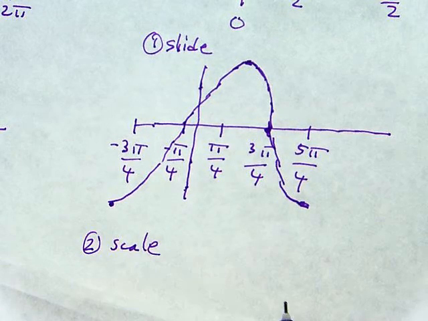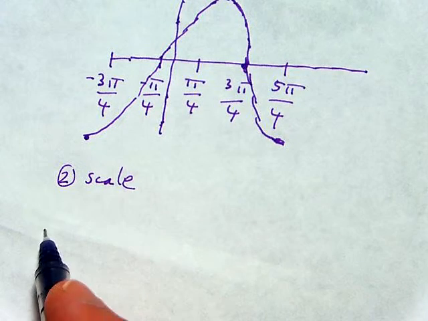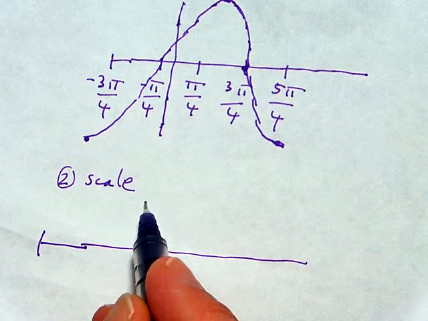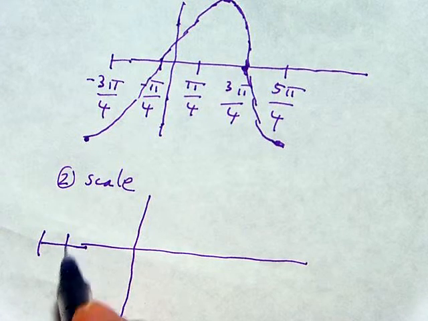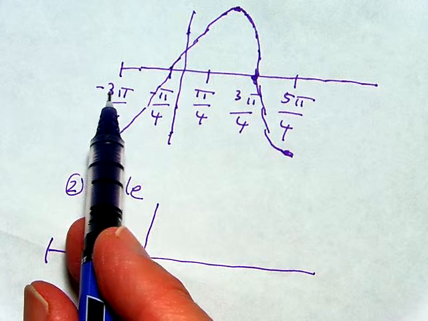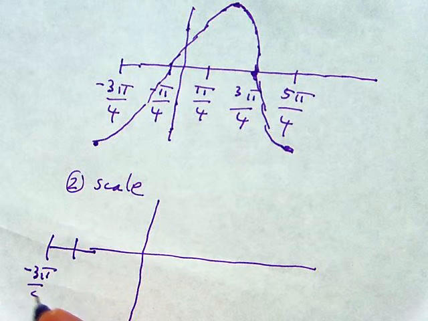We use the same scale factor, so we are going to be dividing through by the coefficient of x, which is 2. So let's go ahead and do that. Let's just divide every one of these values by 2. So negative 3 pi over 4 divided by 2 is negative 3 pi over 8.